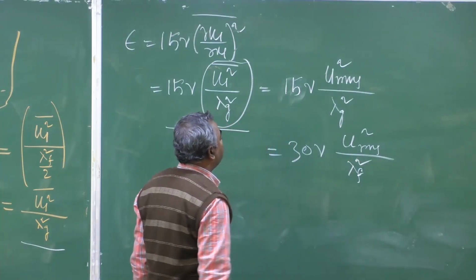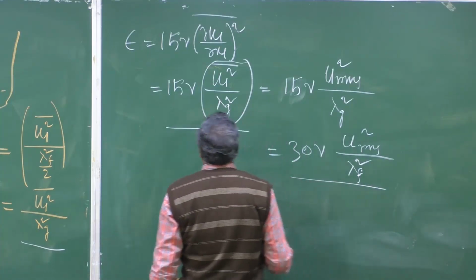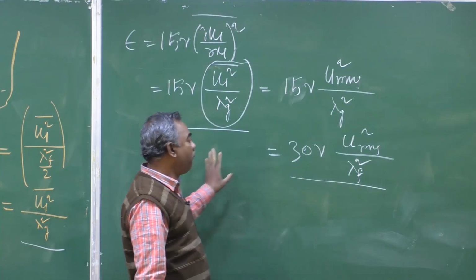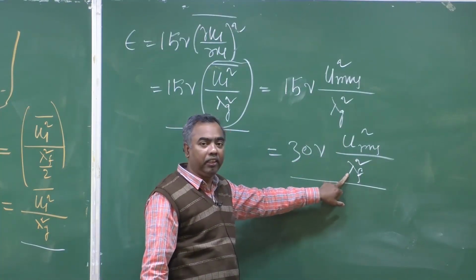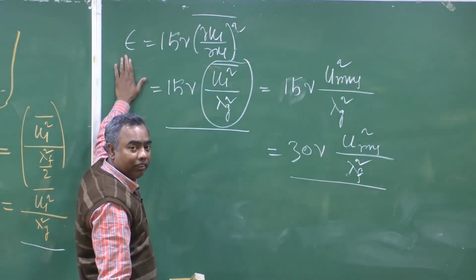That is the relation. So, in an isotropic flow, if we know the RMS value and the Taylor microscale, we should be able to estimate the dissipation. That is what it says.